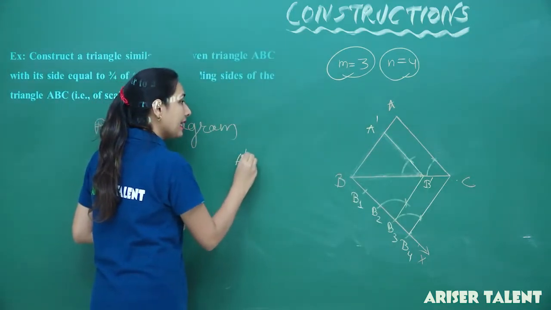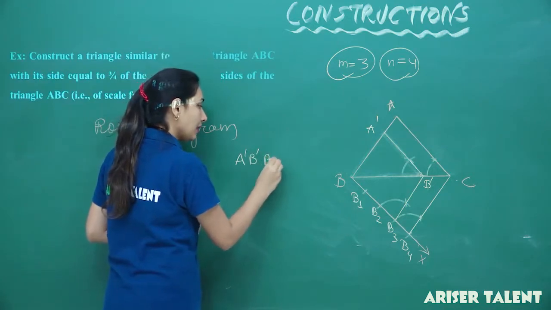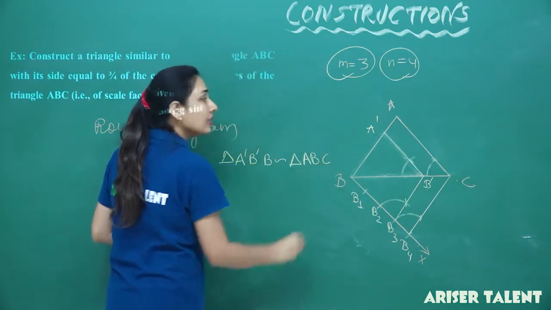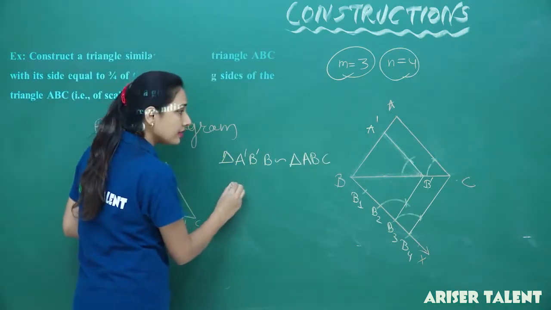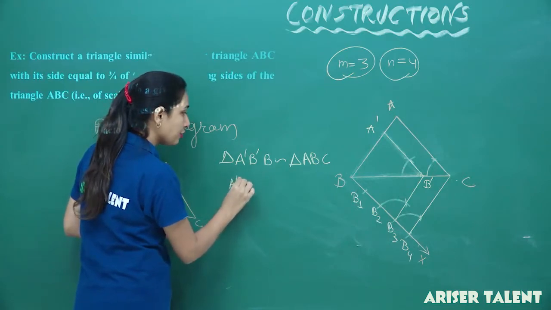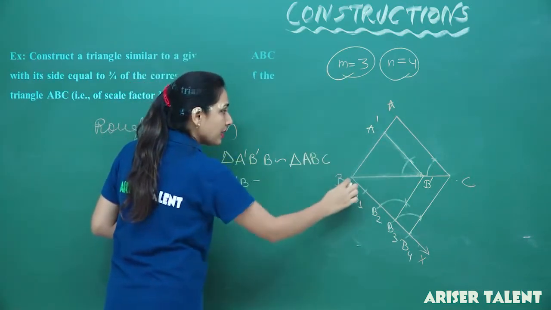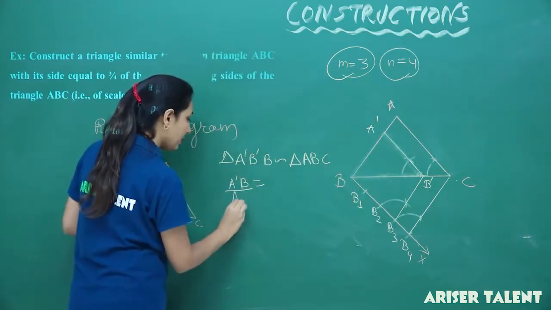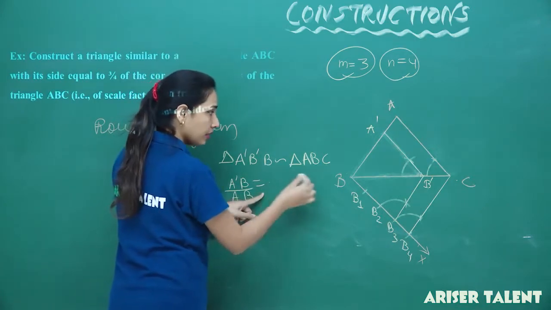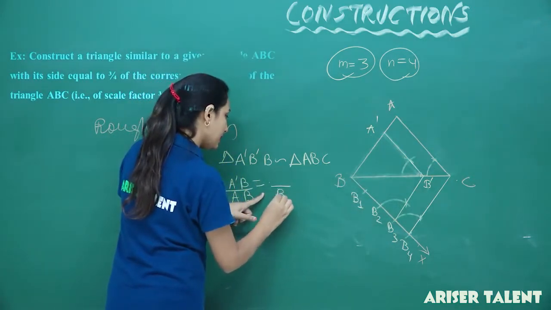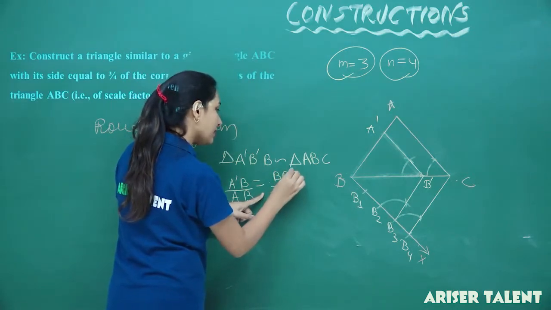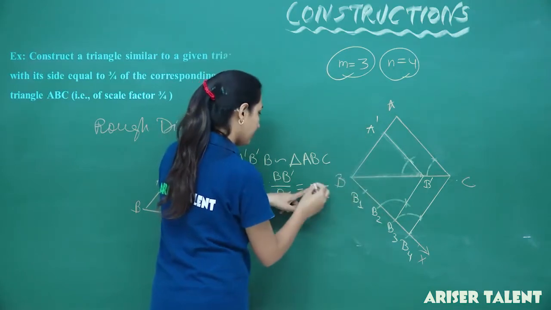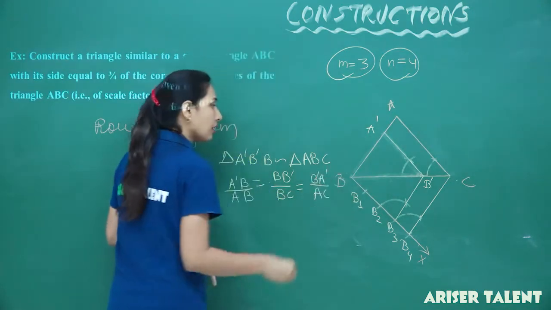Now this triangle A dash B dash B is first of all similar to triangle ABC, and here A dash B by AB will be equal to BC by BB dash, and AC by B dash A dash.